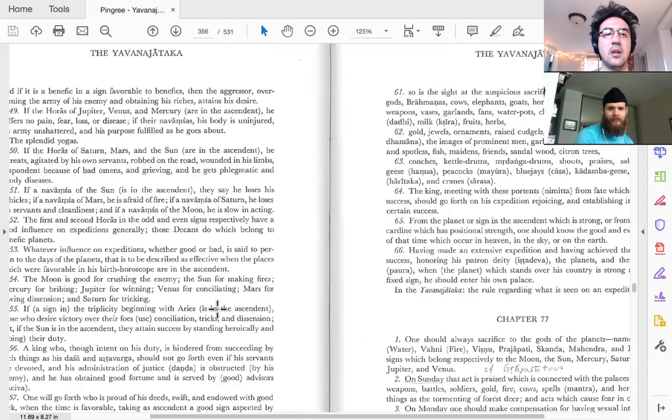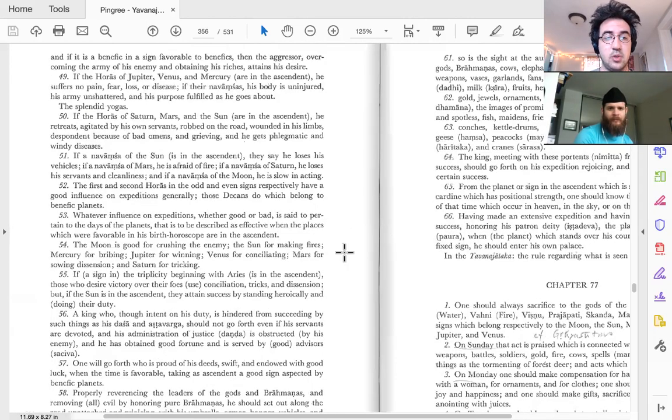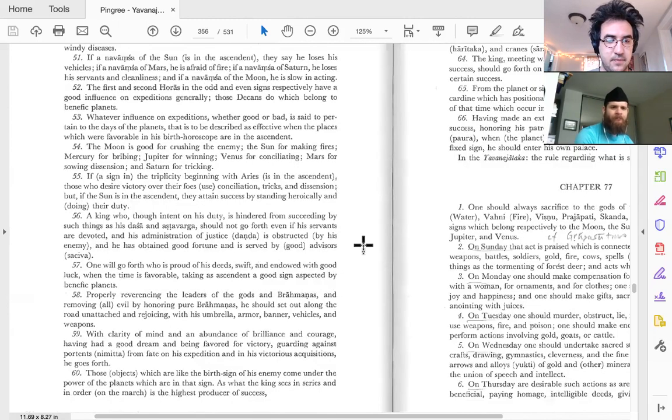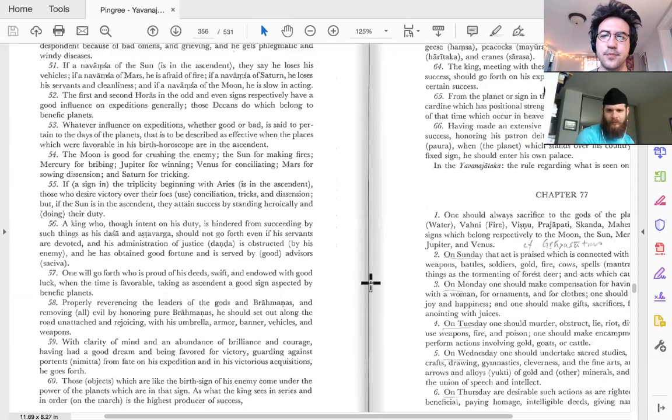And then he talks about horas a bit, and navamshas and decanates, very intrinsic. Then he gives a kind of summation of how this all works, and how the king is victorious or not, I guess.